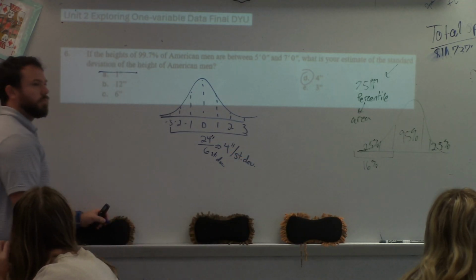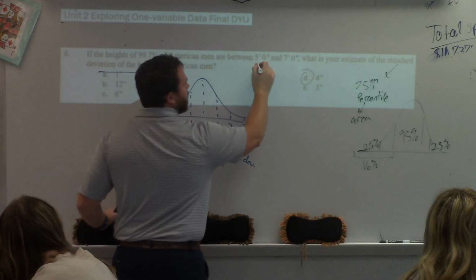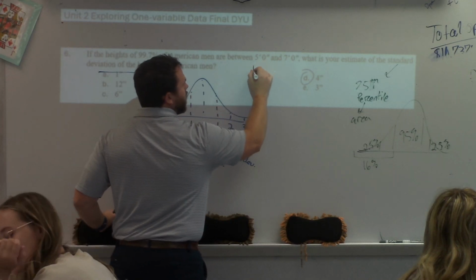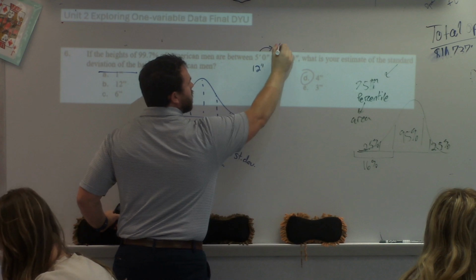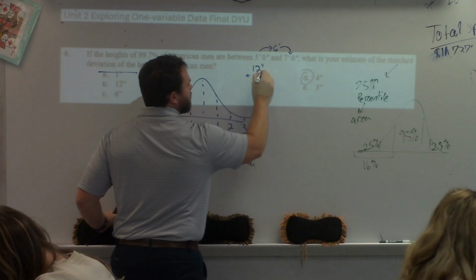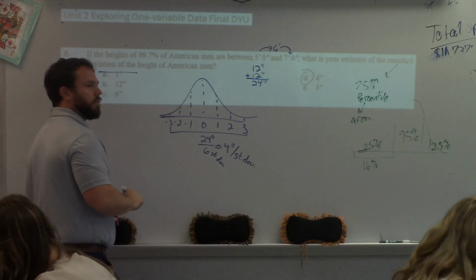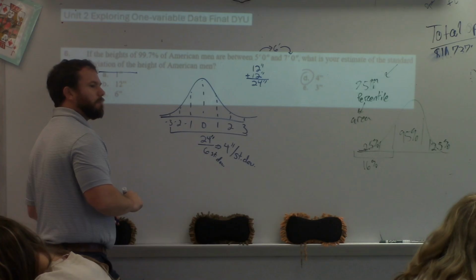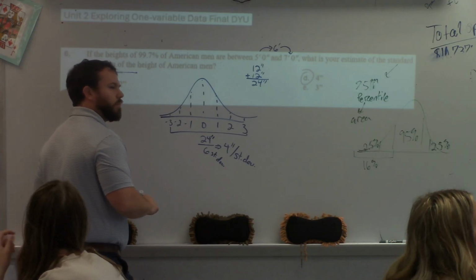How is that 24 inches? Going from 5 feet to 7 feet, each foot is 12 inches. So 5 feet to 6 feet would have been 12 inches. 6 feet to 7 feet would be another 12 inches. What were you thinking? I wasn't sure of inches, like measuring foot and stuff.